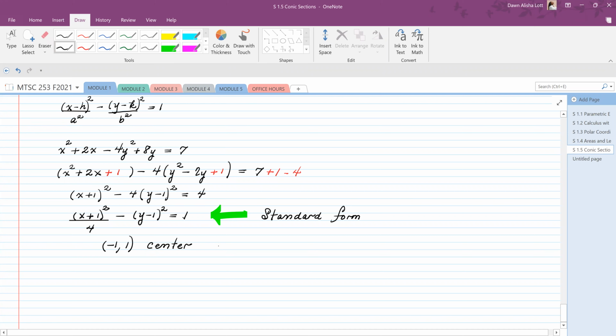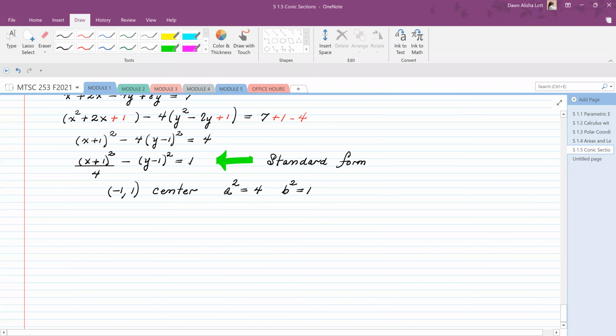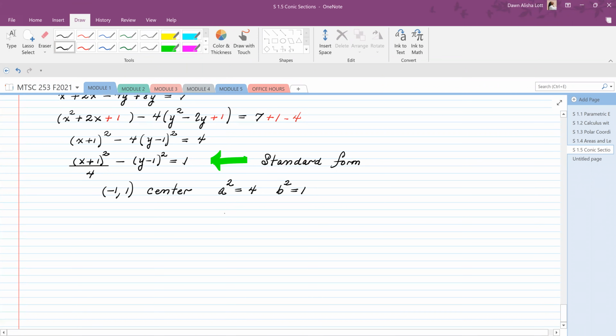I can now see that a squared is 4 and b squared is 1, and c squared is a squared plus b squared. So that's 5. That lets me know that c is equal to the square root of 5.